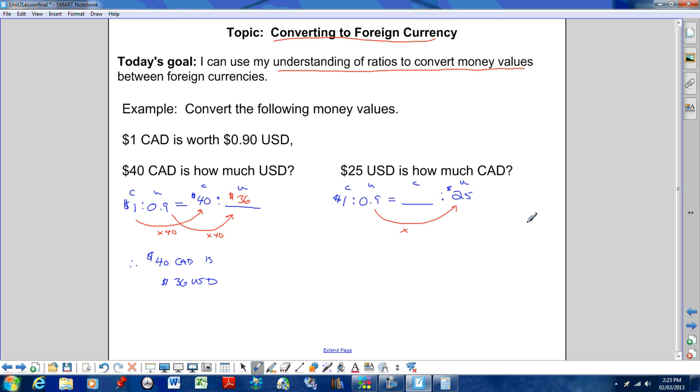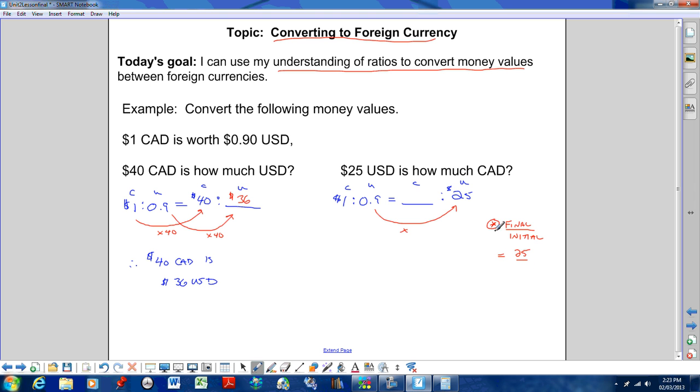Okay? So off to the side here, I'm going to put, it's always the same. It's final divided by initial. And that works every time. All right, so the final amount was 25.